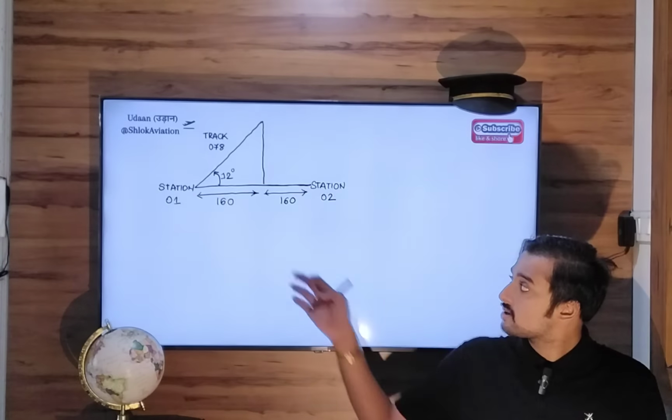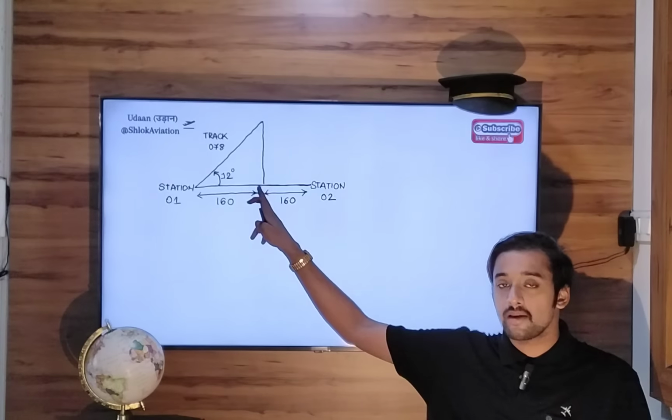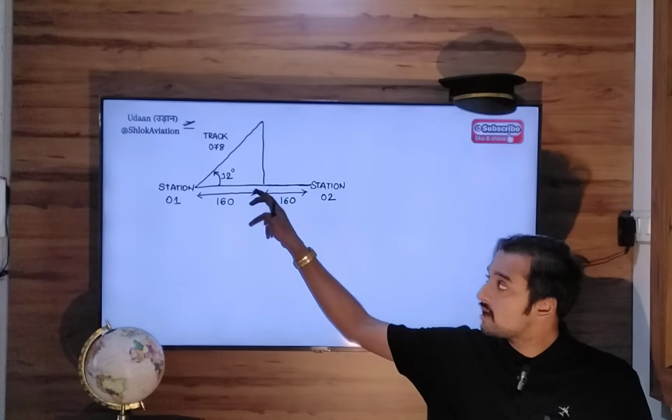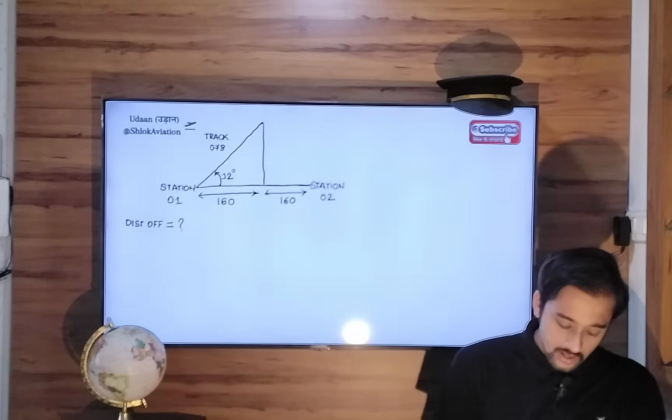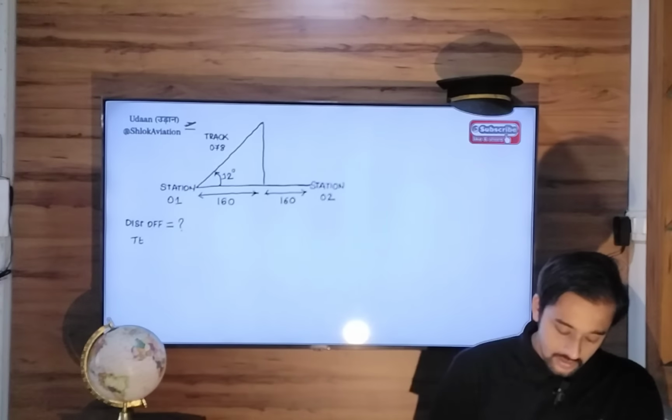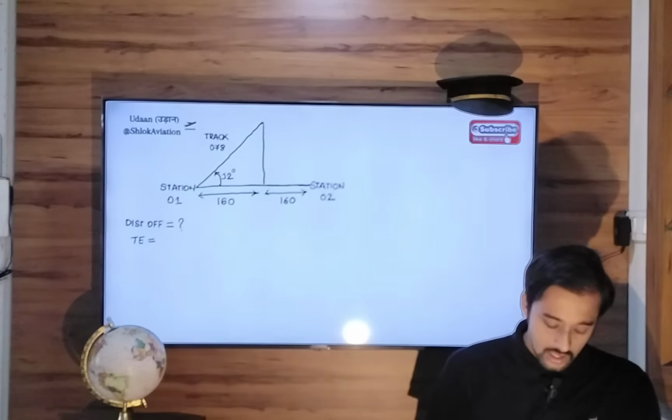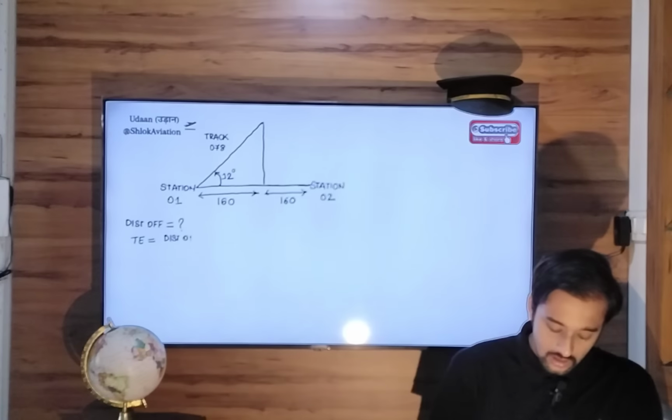So with this initial triangle, we will be able to apply the 1 in 60 rule formula and calculate the distance of track. So the distance of track will be equal to how much? Track error equals distance of track divided by distance gone into 60.